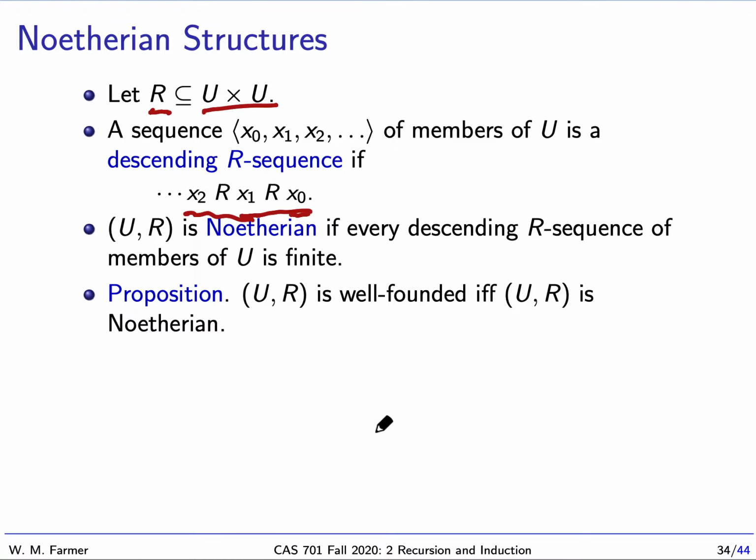We'll say that (U, R) is Noetherian if every descending R sequence of members of U is finite. And then we get this nice proposition: this structure is well-founded if and only if it is Noetherian. So we can think of these two notions as being basically equivalent. If we have a relation that's well-founded, that relation will also be Noetherian.